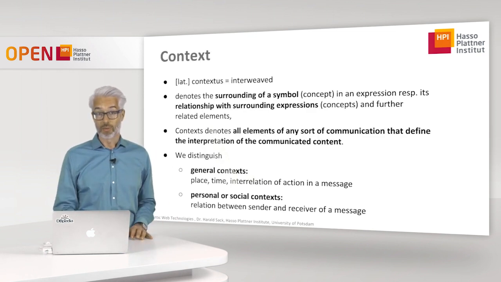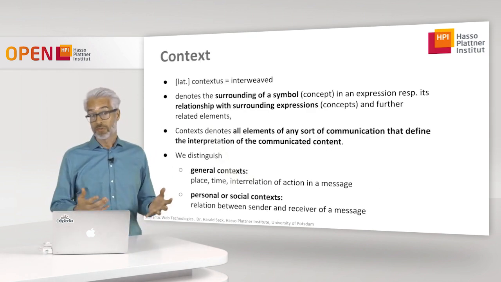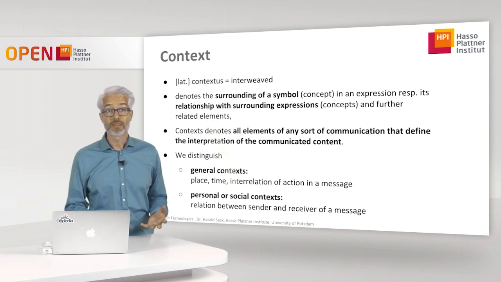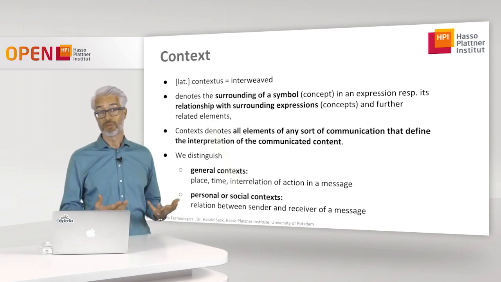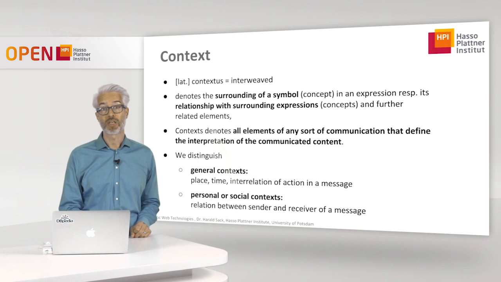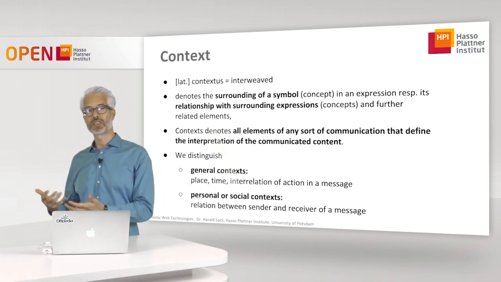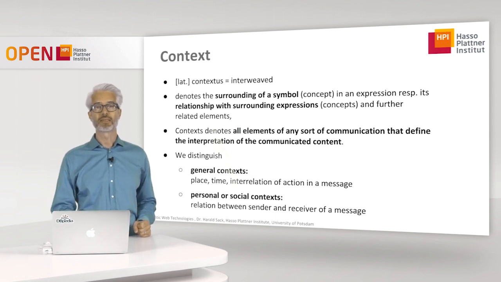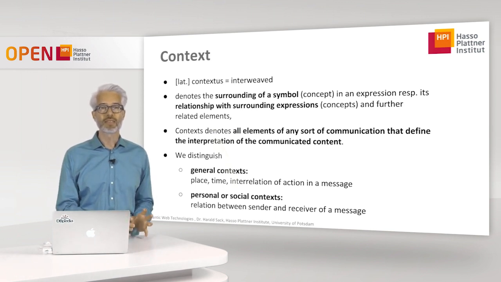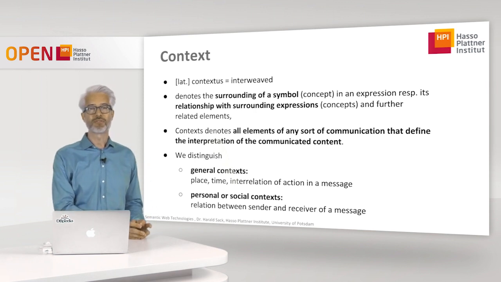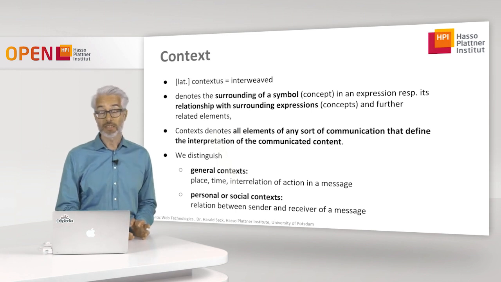Okay, context. We have just talked about context. Comes from Latin this time, so contextus means interweaved. And this, of course, denotes the surrounding of a symbol, of a concept in an expression, respective its relationship with surrounding expressions or other concepts and further related elements. So the context denotes all elements of any sort of communication that define the interpretation of the communicated content.